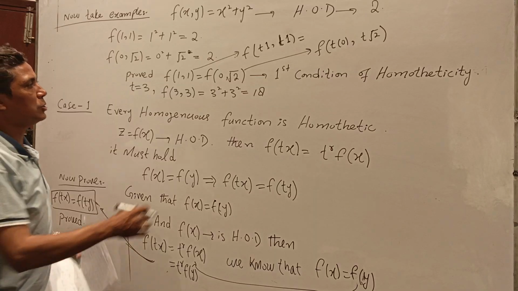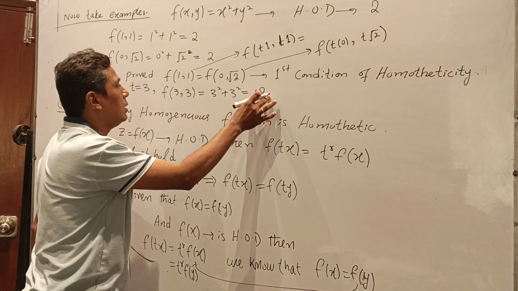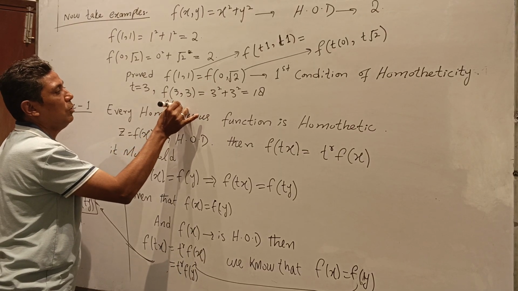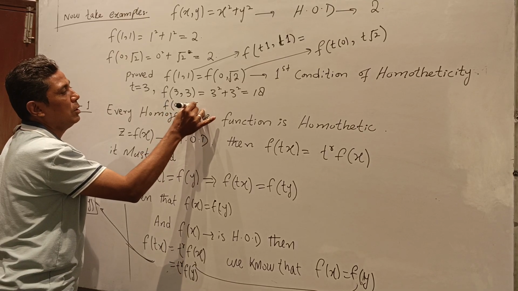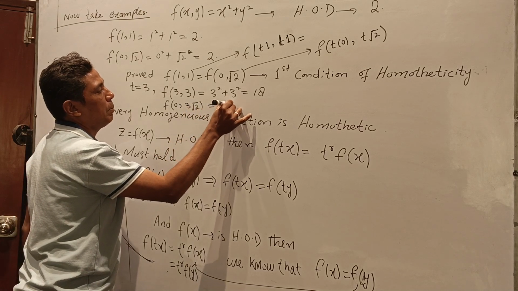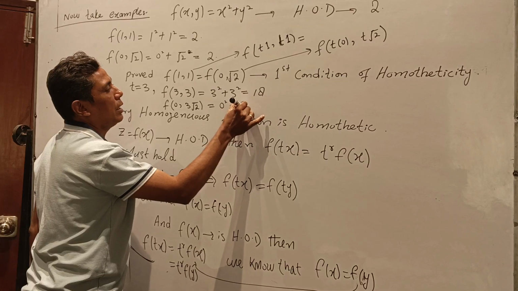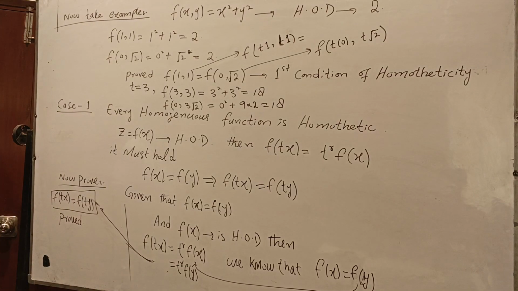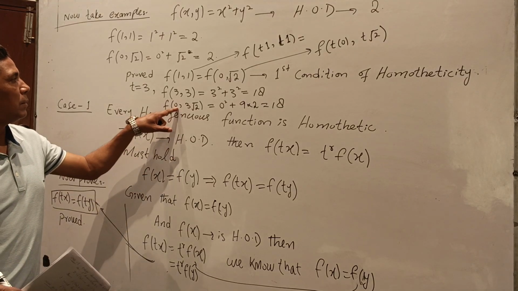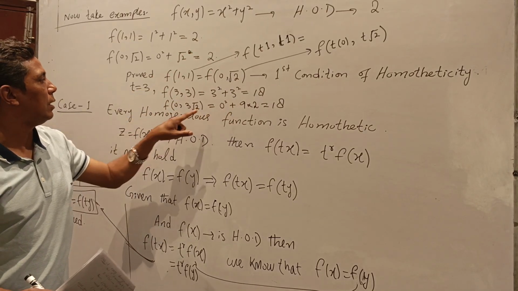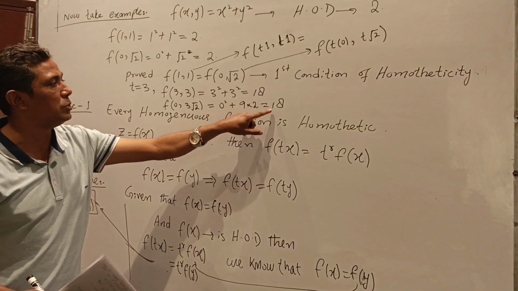Okay, you got my point. So now it is 18, and again what will be this value? f of 0 and 3√2: 0 square plus 3 square is 9, multiplied by 2, 9 twos are 18. Substitute here: 0 square, and 3 threes are 9 and square of root 2 is 2, so 9 twos are 18.